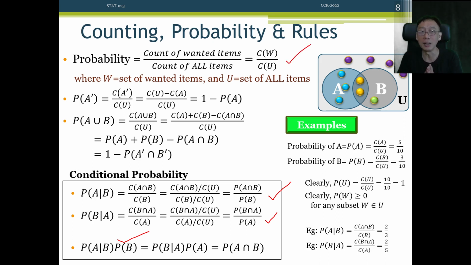They apply to all circumstances. Probability is a definition, and these are definitions for conditional probabilities. They work across all kinds of situations, whether A and B are independent or not, mutually exclusive or not, whatever it is. So it is a golden formula, right? They are very important and very useful because they work irrespective of how A and B are defined. So keep that in mind.